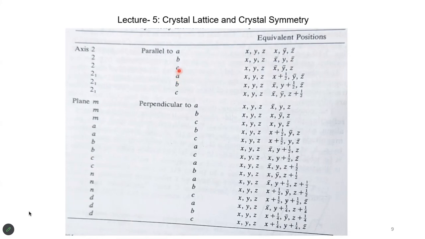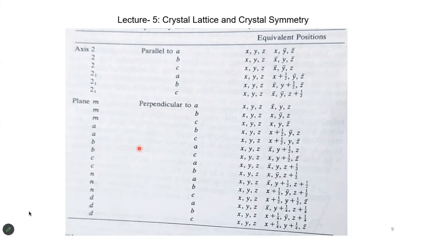And parallel to c, it is like this. If we take up a screw axis, a two-fold screw axis parallel to a, the equivalent positions will be written like this. And for b, the equivalent positions are written like this. So I need not explain every point here. I simply show you that we need these things when we have to explain a particular space group in stereographic projection, on a two-dimensional plane on paper.